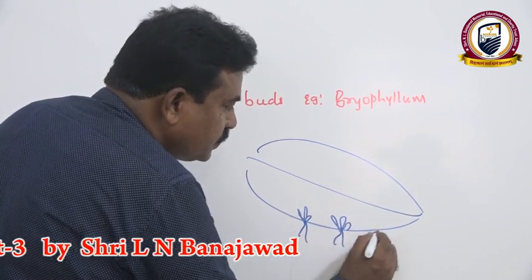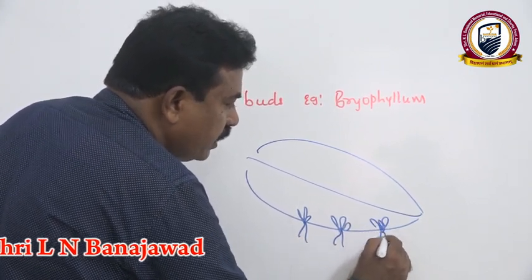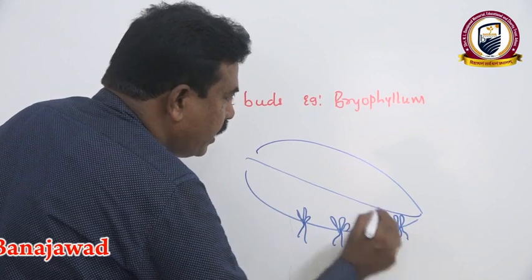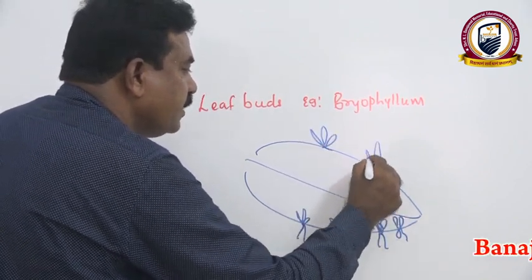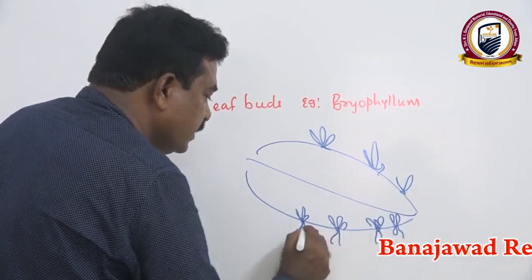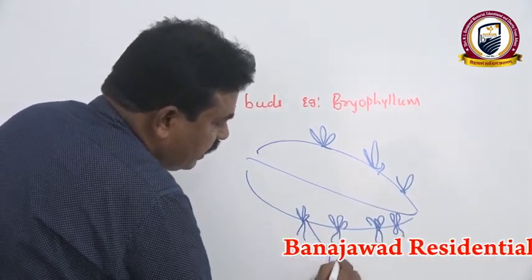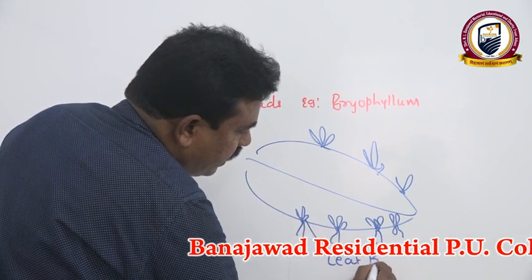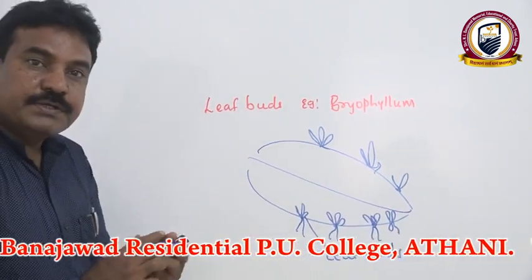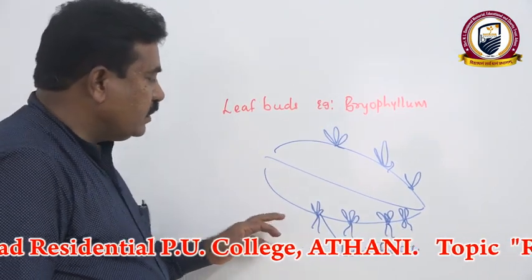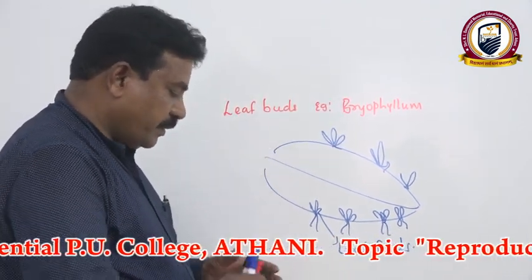They are loosely linked, having a leafy shoot and adventitious roots. Hence, if any simple mechanical damage takes place, these leaf buds easily shed off and grow into a new plant. Hence, the leaf buds play a very important role especially in vegetative reproduction.